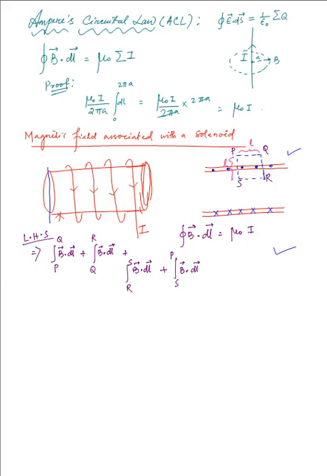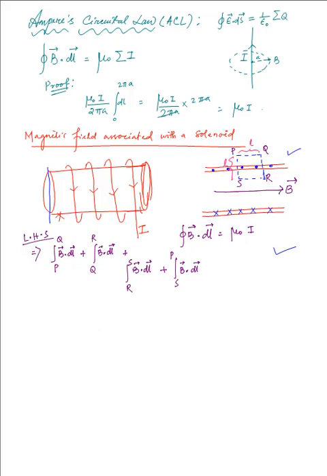So if I align my four fingers of the right hand along the direction of flow of current, the magnetic field inside the solenoidal arrangement is going to be directed along this direction. So this is the direction of the magnetic field.